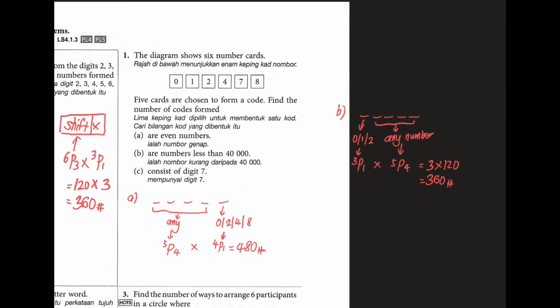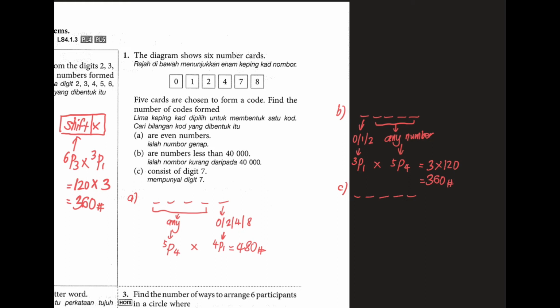Okay, now let's see part C. Consists of digit 7. Digit 7 is at which position? It doesn't really matter. Okay, so imagine we have 5 positions.